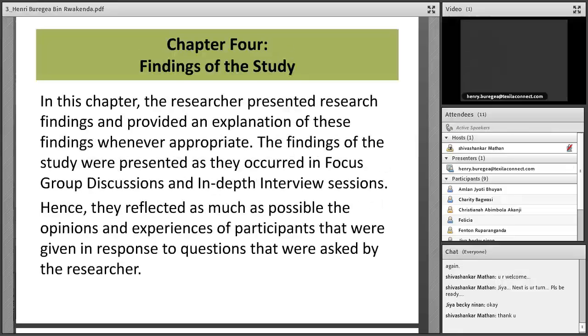In this chapter, the research findings, after conducting both focus group discussions and in-depth interviews, we realized that the study was very interesting and the findings provided an explanation of the quality of interaction that students had. They reflected as much as possible the opinions and experiences of participants who responded to questions asked by the researcher.